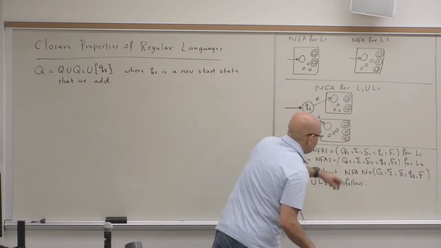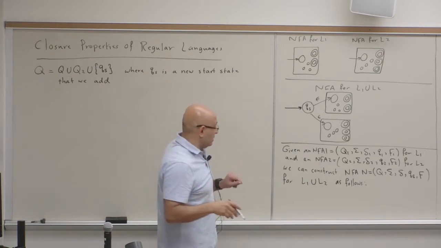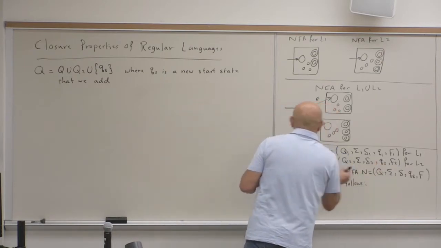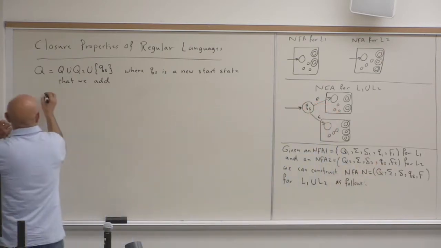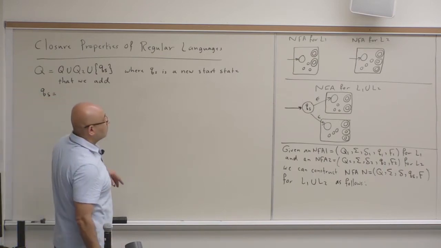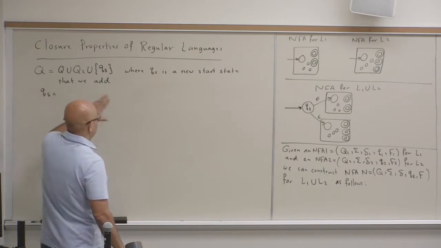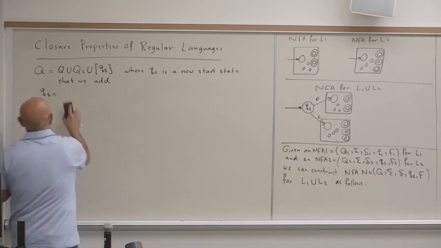Sigma is sigma. Let's leave delta to the end because delta is the most interesting part. Now, what's the relation between QS and Q1 and Q2? Well, in fact, there is no relation. QS is just a new start state that we add, so we don't have to say anything.